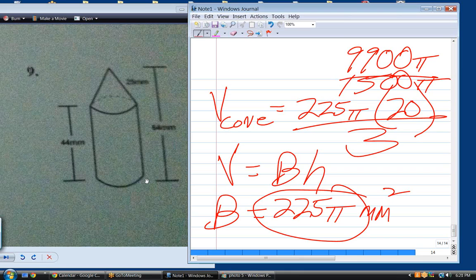Whereas when you're doing volumes, the volume is the same as if I had two separate pieces here. If I just had a cone and a cylinder, the volume of this object is the volume of the cone and the volume of the cylinder. But the surface area of this object is not the surface area of the cone plus the surface area of the cylinder, because the surface area of the top of the cylinder is covered up by the bottom of the cone.